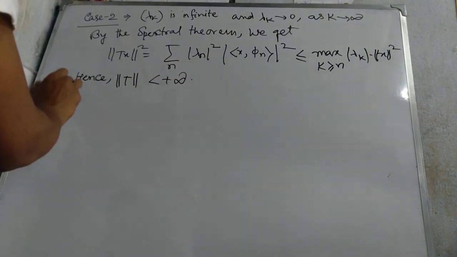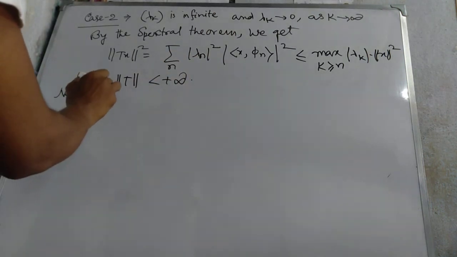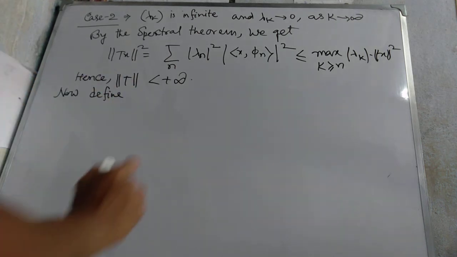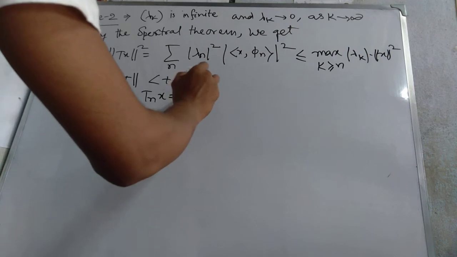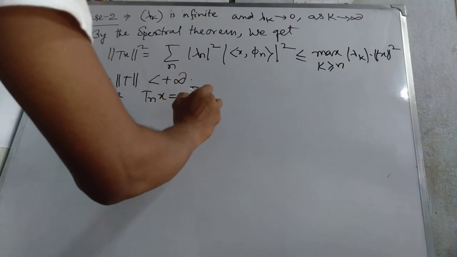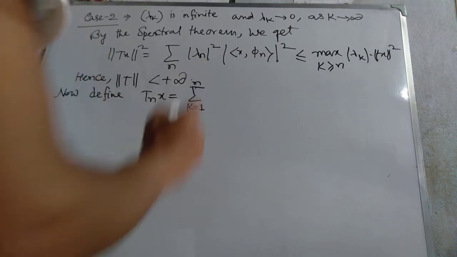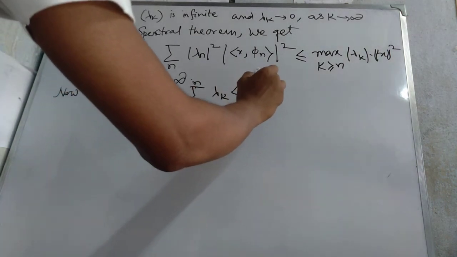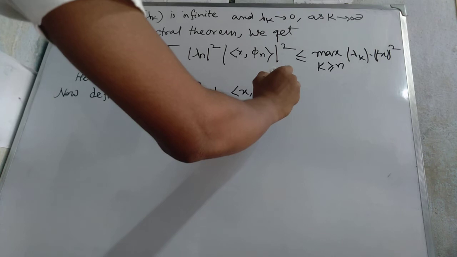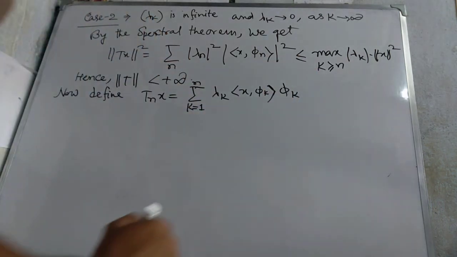Now define Tn x equal to summation k equal to 1 to n of lambda k inner product of x with phi k, times phi k.